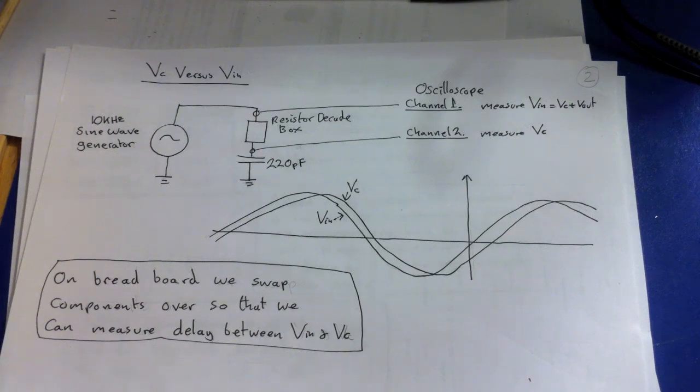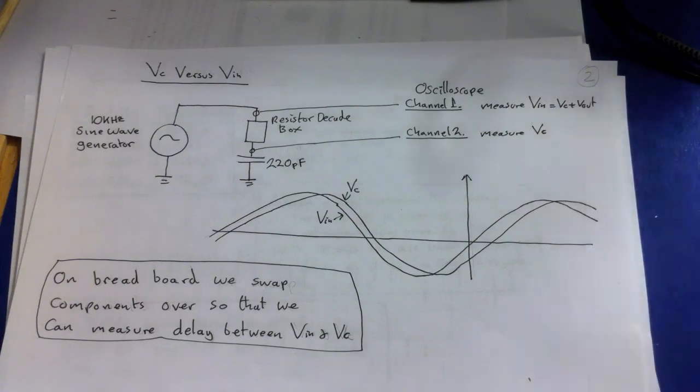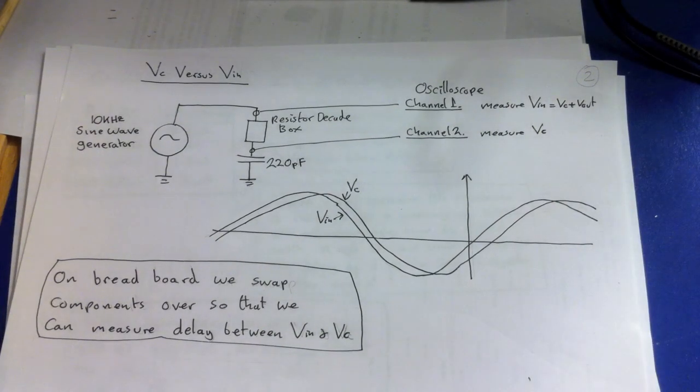I'm not going to change anything at all on the circuit. I'm simply going to swap those two components over so that I can show you the difference between the voltage in, and this time we're going to be able to see the capacitor voltage and the difference between the capacitor voltage and the voltage in. So that's what we're going to see.